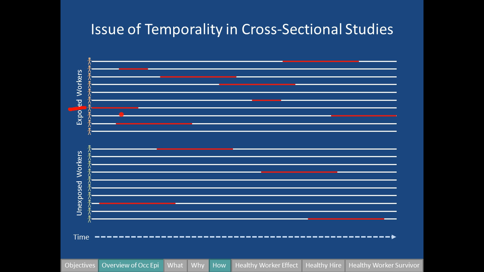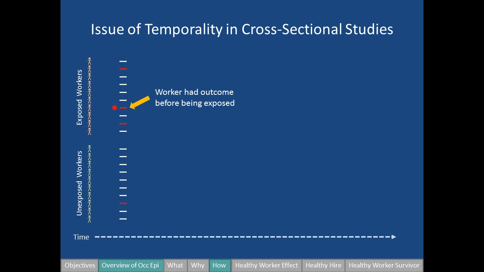But because we just did, there we go, the one snapshot, we didn't realize this person already had the outcome. And this is something, it's a little bit more difficult to assess temporality, knowing that the exposure came before the outcome in a cross-sectional study. So it's just a little harder to do that, especially when the disease is something that people don't know they have until you do the assessment.